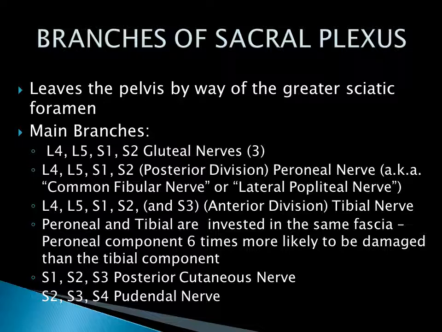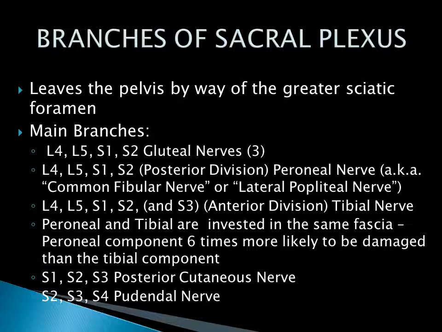In other words, the common peroneal nerve component of the sciatic nerve is injured 6 times more frequently than is the tibial component. And we'll talk about some clinical manifestations of injury to the common peroneal nerve, and we'll talk about some clinical tests that we can use to determine the location of a lesion to the common peroneal nerve.